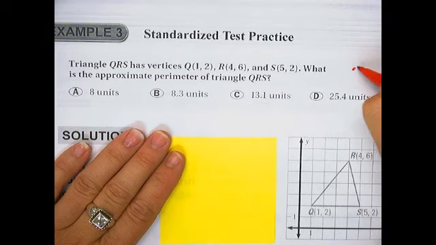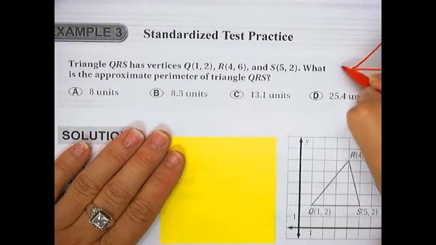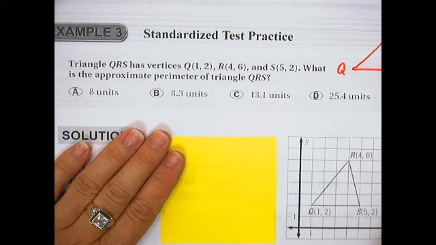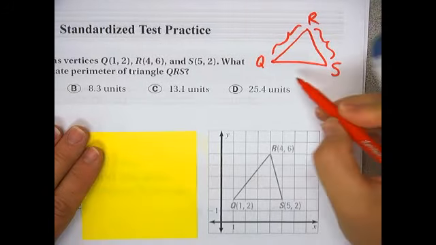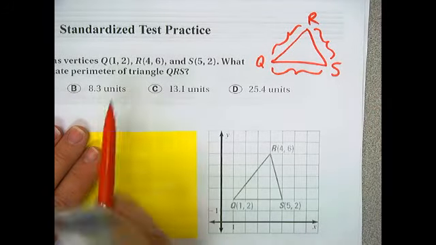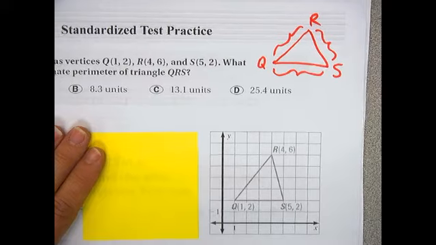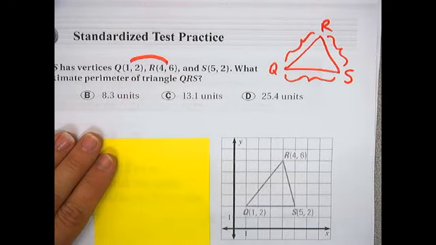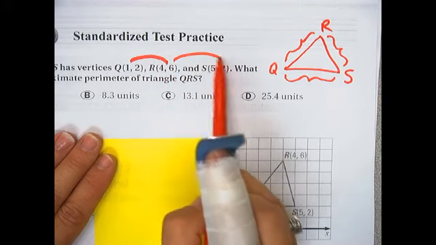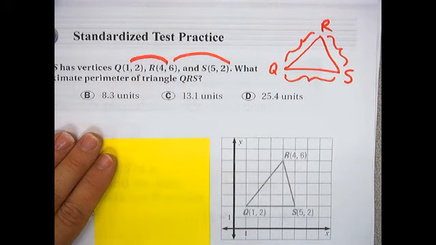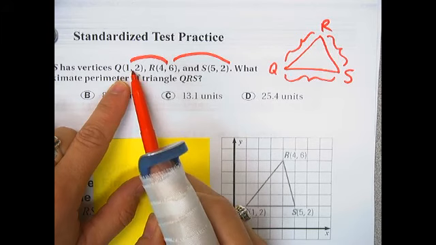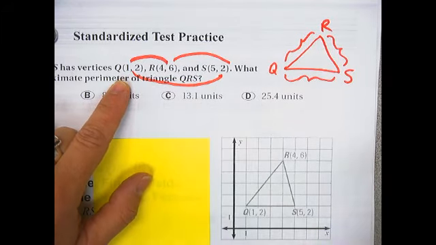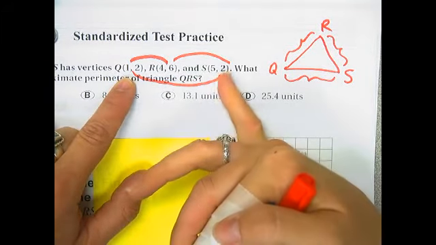Well, if you don't have graph paper, you need to have enough awareness of what that means, QRS, that to find the perimeter, we need to find 3 different distances. And from our last unit, we learned how to use the distance formula to find that. So essentially, you're going to need to use the distance formula between these 2 points to find that distance, the distance formula between these 2 points to find that distance, and then the distance formula between these 2 points.